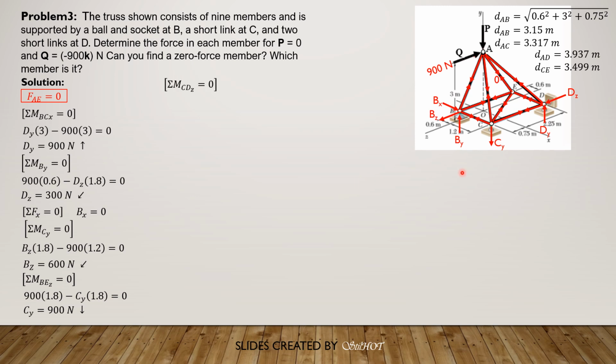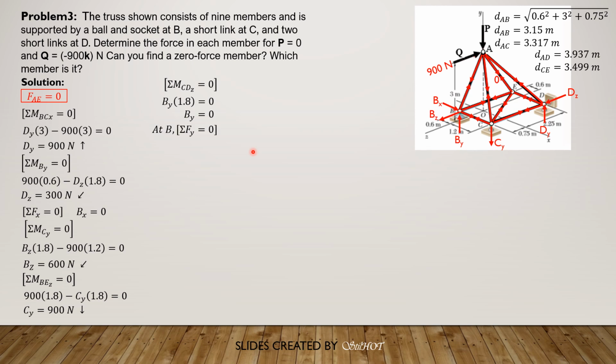And finally, summation moment about CDZ equals 0. So we have negative By times 1.8 plus nothing equals 0, because everything else will be 0, and 900 is parallel to the CDZ axis. So we conclude that By is 0.